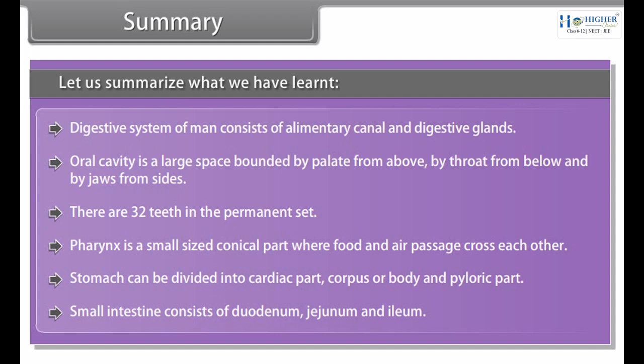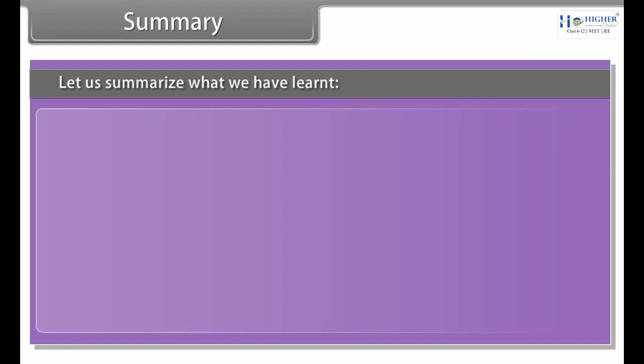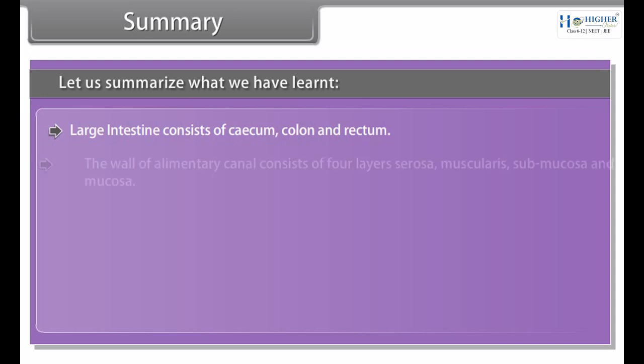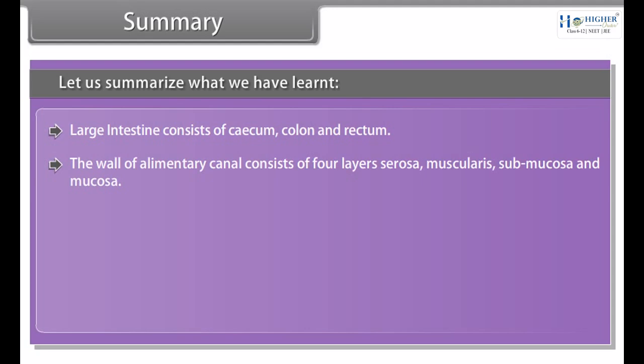Small intestine consists of duodenum, jejunum, and ileum. Large intestine consists of caecum, colon, and rectum. The wall of alimentary canal consists of 4 layers: serosa, muscularis, submucosa, and mucosa.